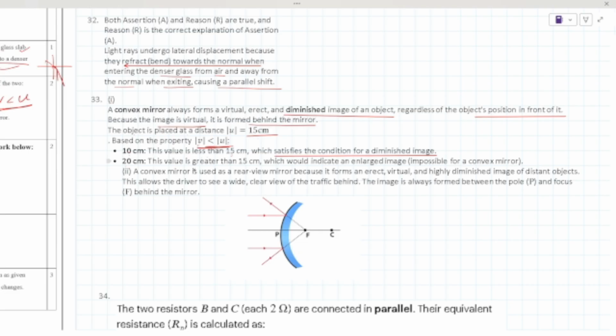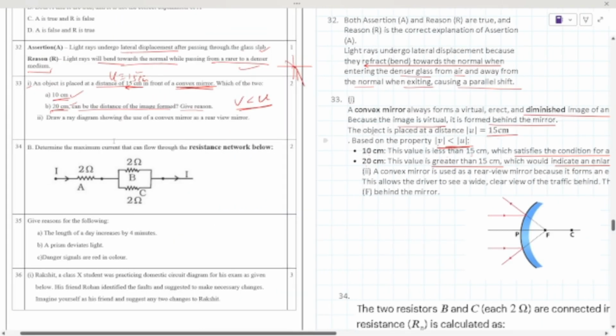But here 20 centimeter would indicate an enlarged image, which is not possible for a convex mirror. Is that clear? Now let's see the second question. Draw ray diagrams.